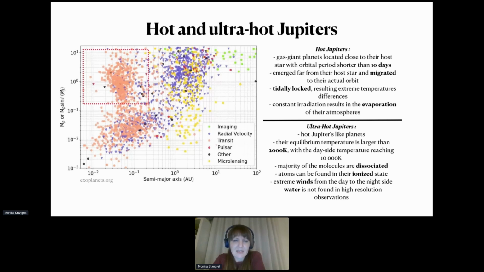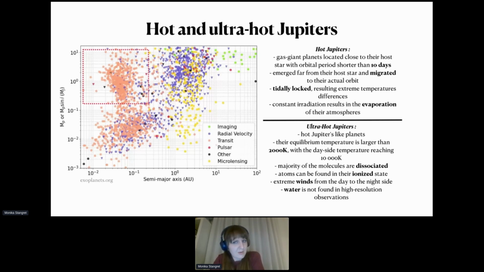And the huge difference is that the majority of the molecules in the atmosphere are dissociated, and we detect the atoms in ionized state. And we also detect the winds because of the huge differences in the day side and night side of the planet.